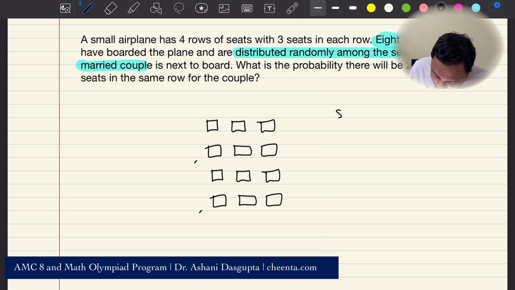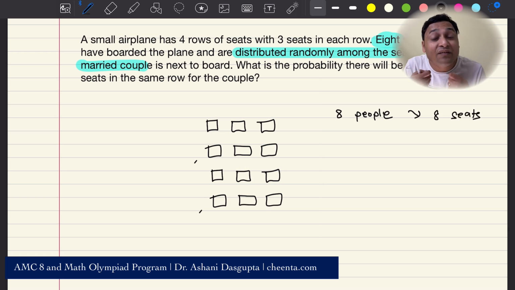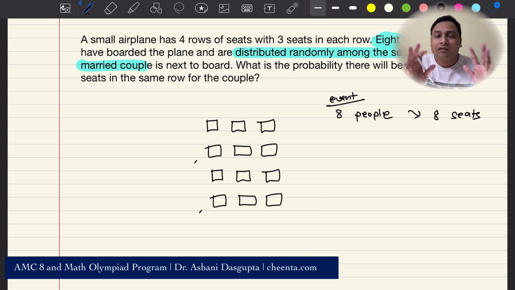Well, 8 people are coming in and they're occupying 8 seats. That is the event. So let me describe one event. We're trying to get to the bottom of the concept, not only solve this problem, so that you learn something from this video.